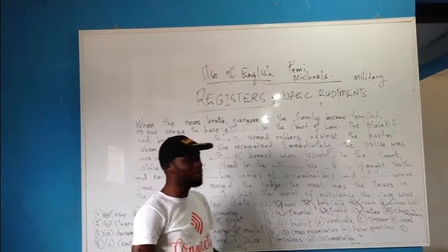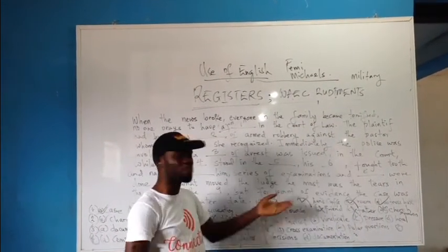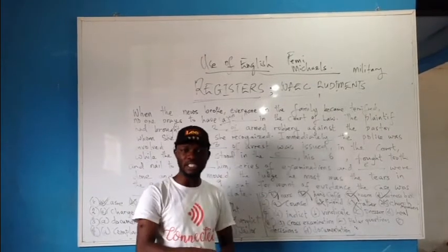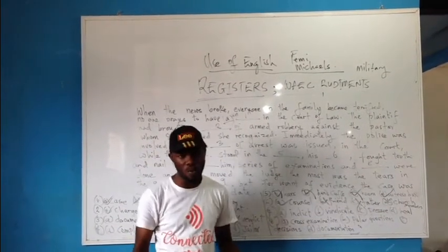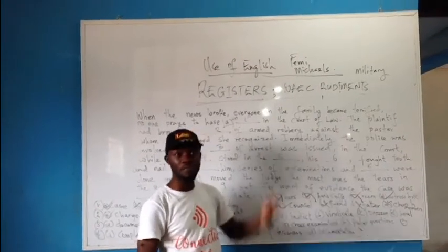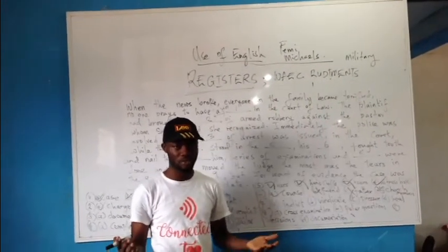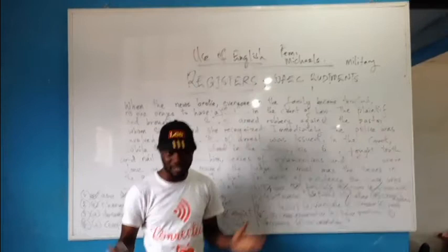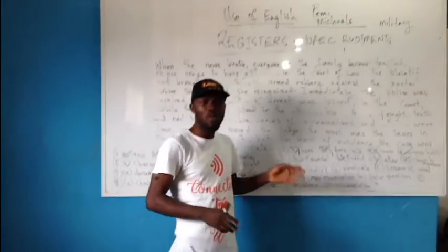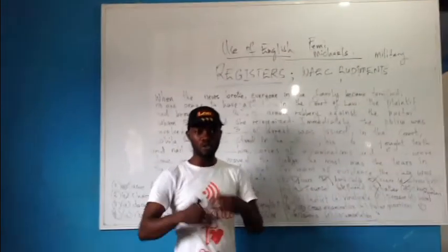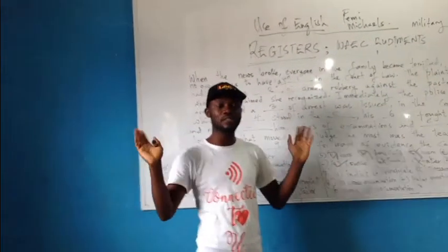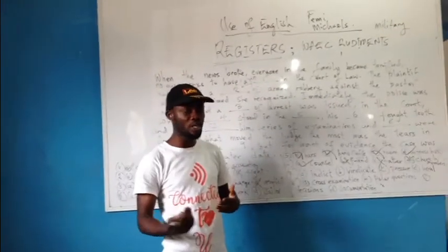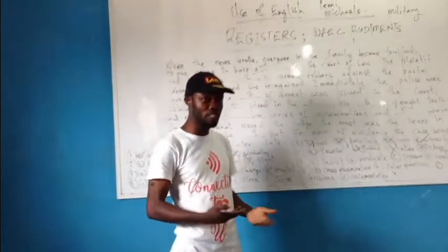The military are not saddled with the responsibility of catching somebody, trying the person, dealing with the person, or sentencing the person. No. If at all the military will be involved, it should be for arrest or to restrict the person from evading justice. But in Nigeria, once there's a fight between two people or someone stole your phone, go and call soldier or you call SARS. That's the next thing. It is very unlawful. Okay? It's a crime punishable in the law, but I doubt whether it's applicable in Nigeria.